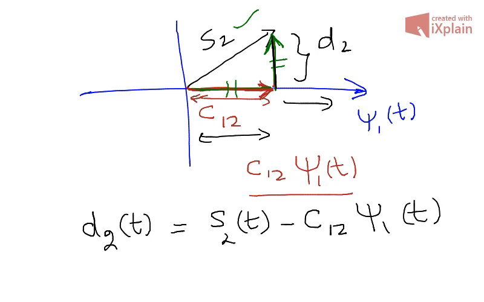Right? So the projection we already subtracted from S2 of t. So this D2 of t is orthogonal to psi 1. It means we can find our second orthonormal signal psi 2 of t from D2 of t.